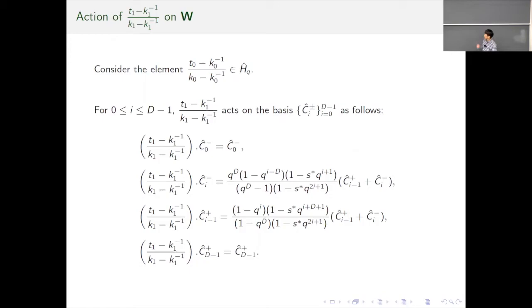So this element is the orthogonal projection onto the eigenspace of T1 corresponding to eigenvalue K1 in generic representation. Anyway, when we apply this element to each characteristic vector in our W, then we have this action. Okay, so we describe many actions of the elements in HQ hat.